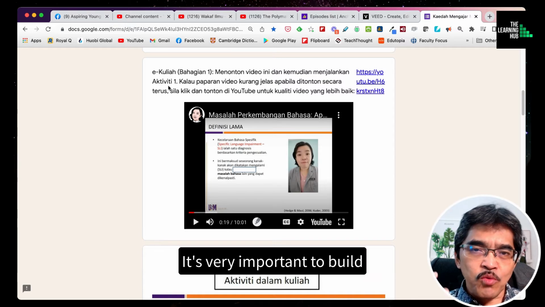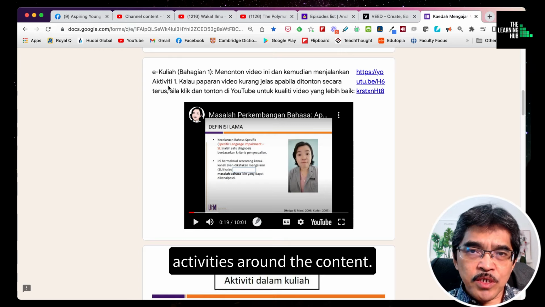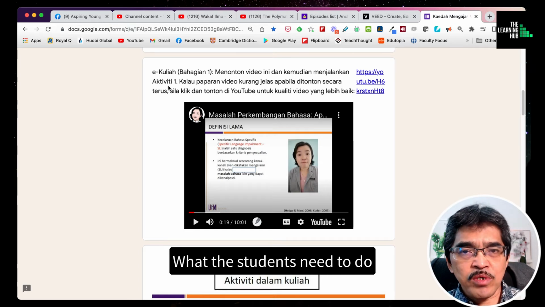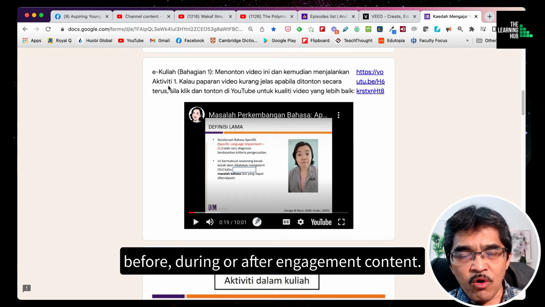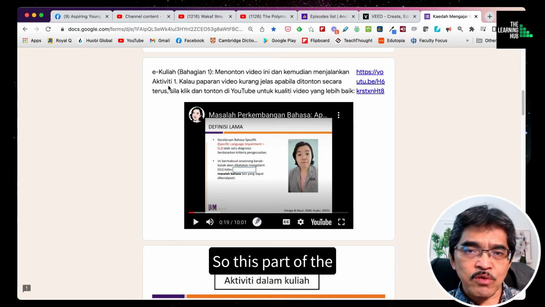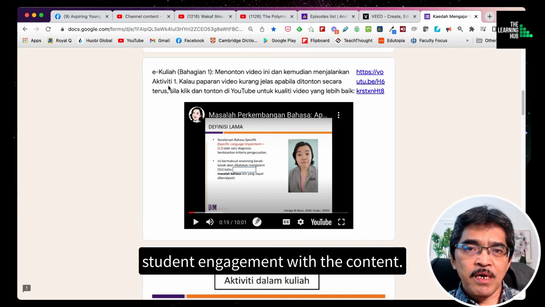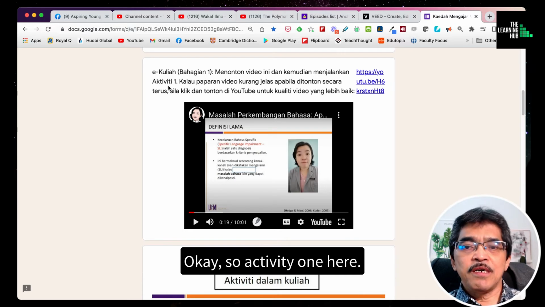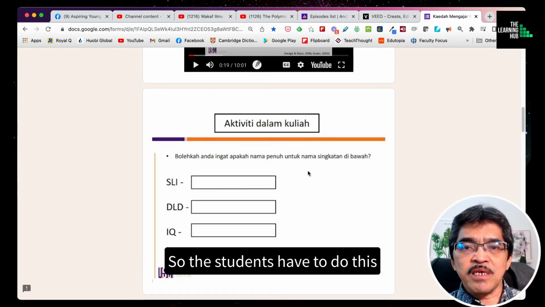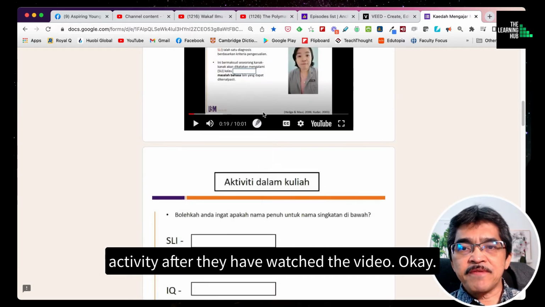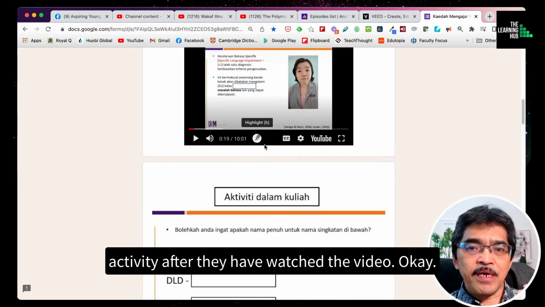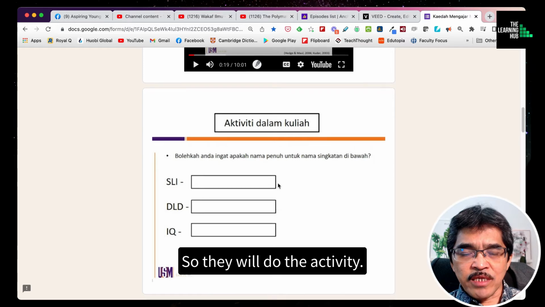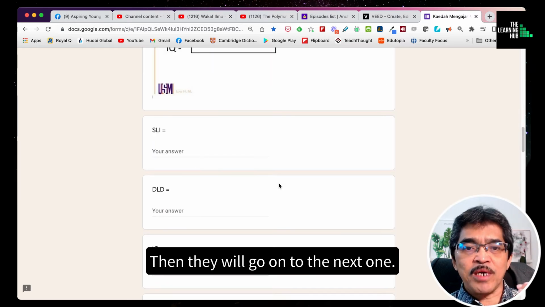It's very important to build activities around the content, what the students need to do before, during or after they engage with the content. This is part of the student engagement with the content. Activity 1 is what the students do after they have watched the video, and then they go on to the next one.